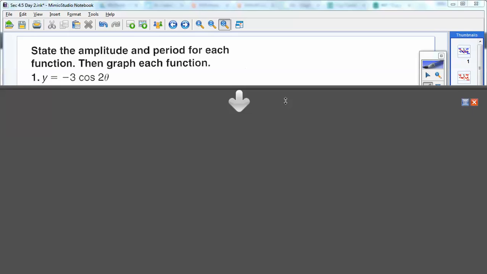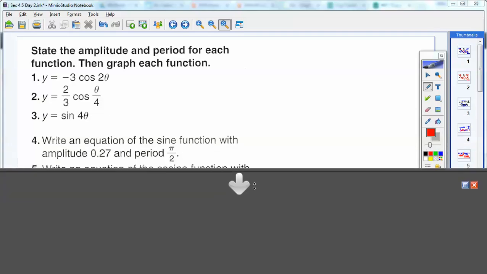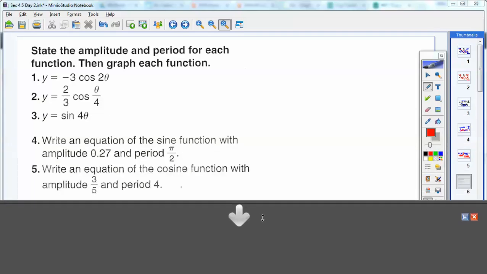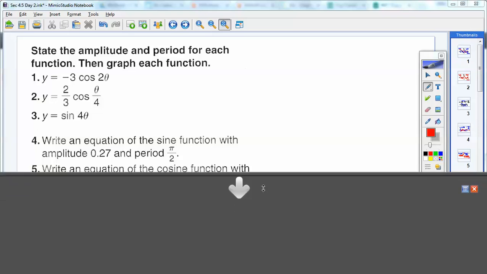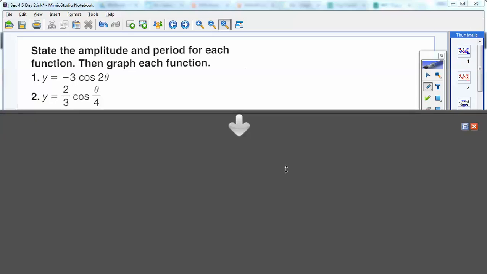Then we can quit wasting time with all these warm-ups. Just try to sketch a quick graph of that, write down the amplitude and period. And do that one. Then while you're at it, let's do 2 real quick, and then we'll move on.